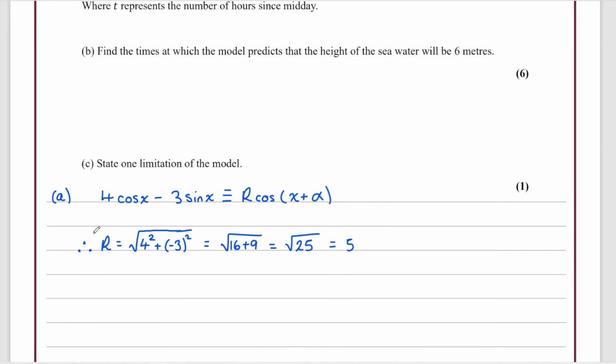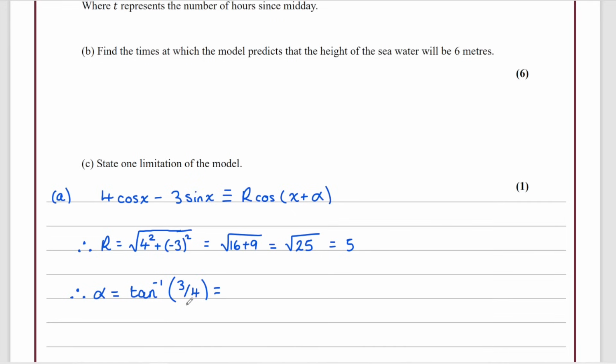And then for alpha here, again, nice and straightforward to evaluate. Alpha is equal to tan inverse, or arctan, whichever you prefer, of 3 over 4. Put this into your calculator. Obviously, just make sure that your calculator is in radians mode rather than degrees mode.